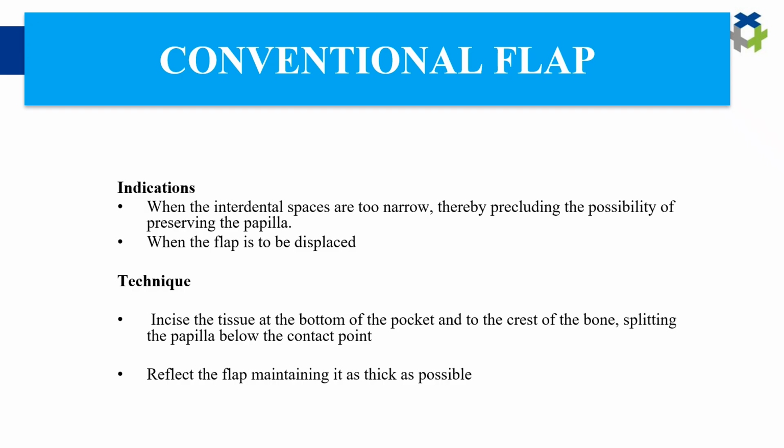Conventional flaps are used when interdental spaces are too narrow to preserve the papilla. It involves splitting the papilla and reflecting the flap while keeping it thick. Indications, when the interdental spaces are too narrow and the flap is to be displaced.